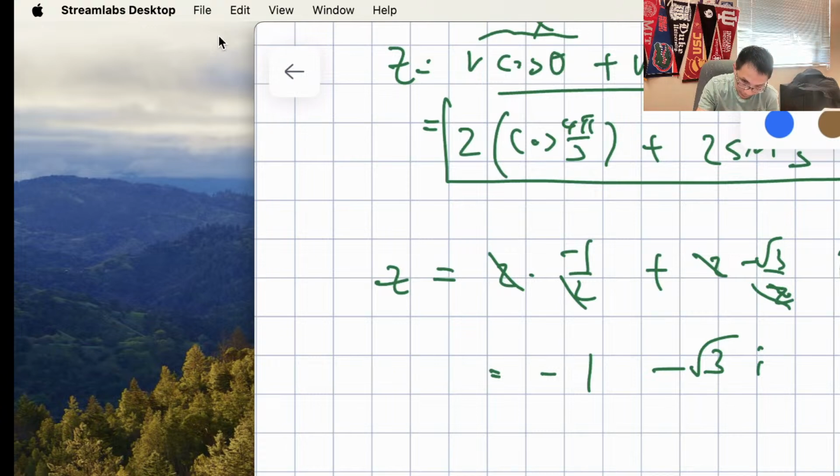Well, it's equal to r1 times r2, which is the two moduli multiplied together, times cosine of theta 1 plus theta 2, plus i sine of theta 1 plus theta 2. So that means the moduli are going to multiply together, and the angles are going to add. It's not as complex as you think. It's actually fairly easy, believe it or not.